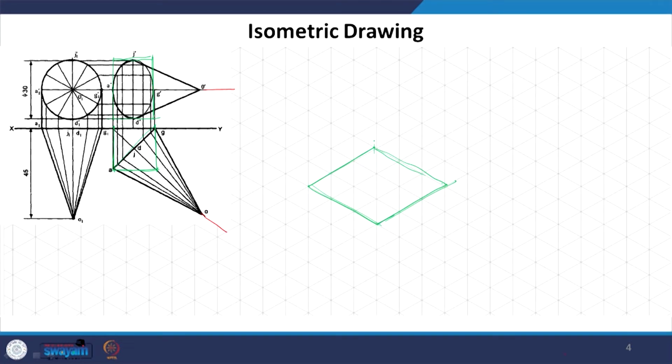So, suppose I assume that it has a slightly different angle, and instead of this we get an elongated one, and this is where the circular base is going to come, and in the elevation we have this. Again, it is going to be very close.